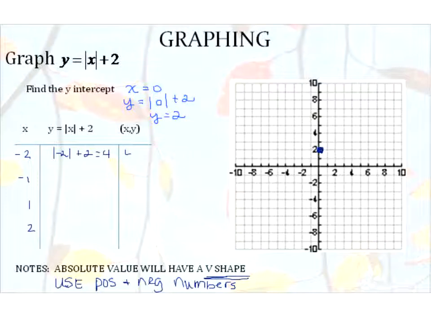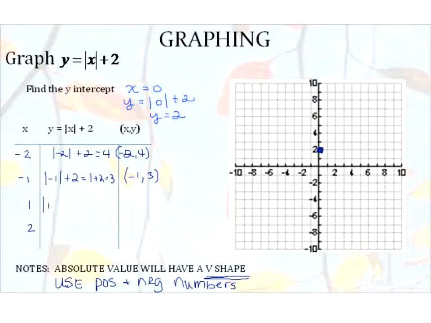So we get (-2, 4) on our graph. Then putting -1 in, we get the absolute value of -1 plus 2. So that'll be a positive 1 plus 2, which is 3. So (-1, 3) is another point on our graph.